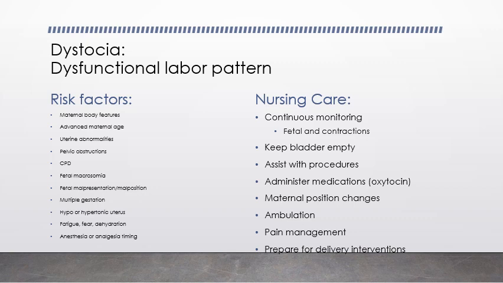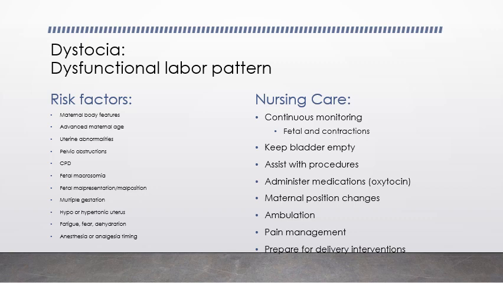Babies that are not in the right position or that are too big, more than one baby inside, all of those things can cause that dysfunctional labor pattern. Hypo or hypertonic uterus just means low tone or too much tone. So the uterus isn't contracting hard enough, or it's contracting too much.